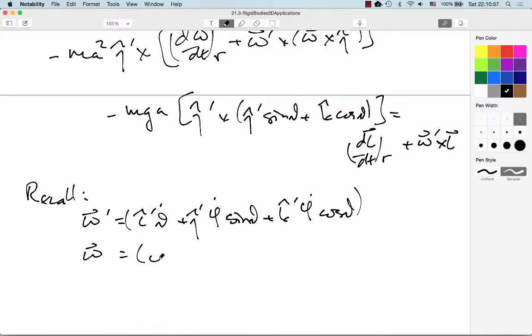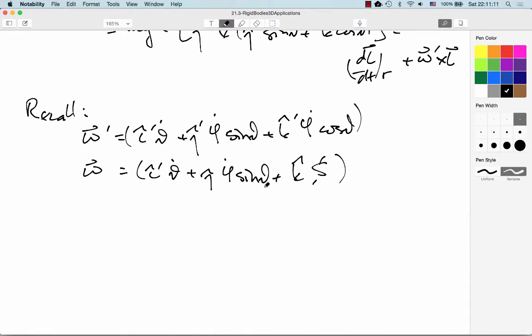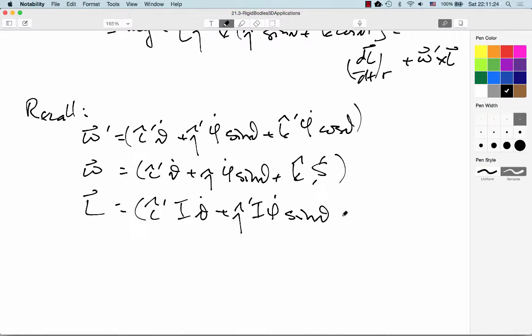Omega without the prime was i prime theta dot plus j prime phi dot sine theta plus k prime S. And L was equal to i prime I theta dot plus j prime I phi dot sine theta plus k prime IS phi dot cos theta plus psi dot.